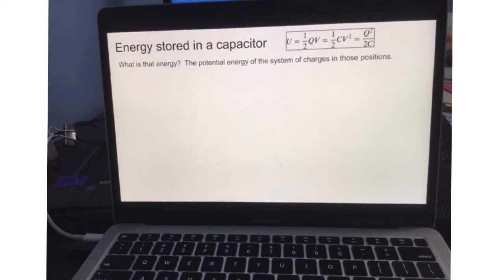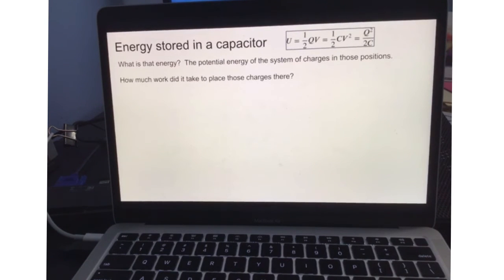And when we talk about that potential energy of the system, very often we talk about how much work it took to place those charges there. That's a little buzz phrase that you see in these questions: how much work did it take to arrange these charges to where they are now? And that ends up being equivalent to that potential energy. So U equals QV sitting right here.